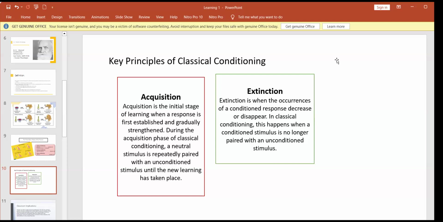Extinction is, now there is no more pairing up. There's no more association. There is the new learning, the conditioned stimulus and the conditioned response.